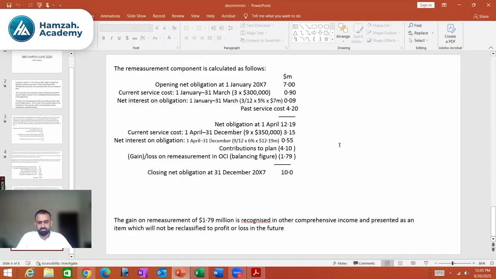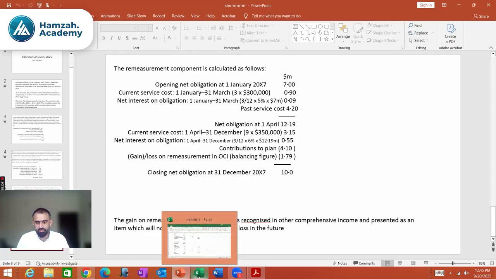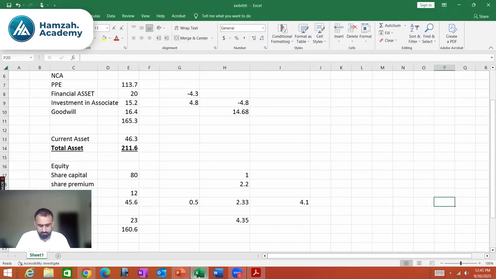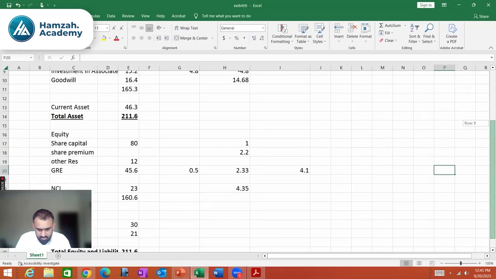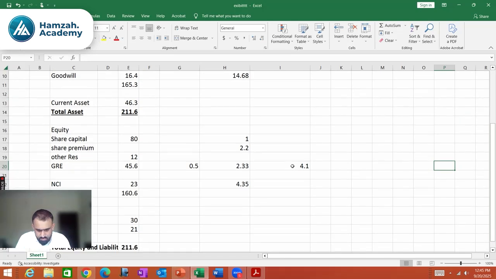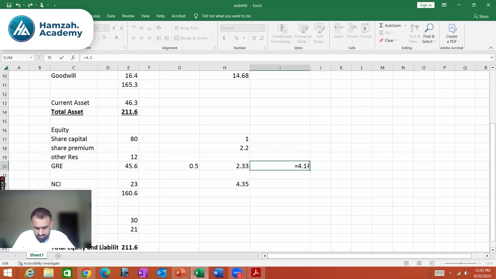Now, if I report this information in the consolidated balance sheet, it will be as follows. First of all, the past service cost. The past service cost is 4.2, and with this 4.2, your group retained earning will be decreased.